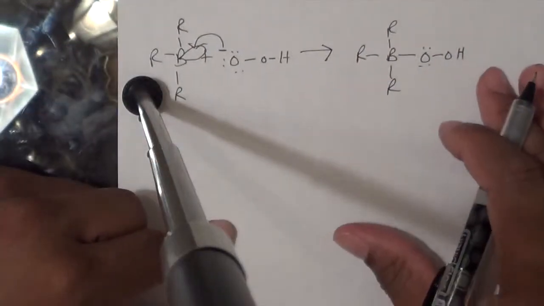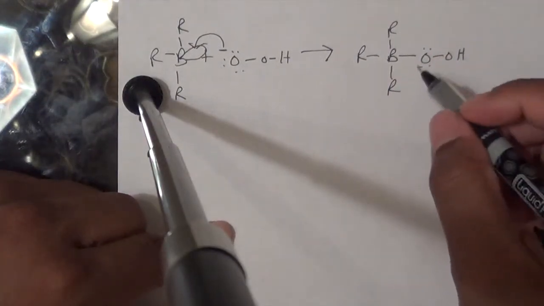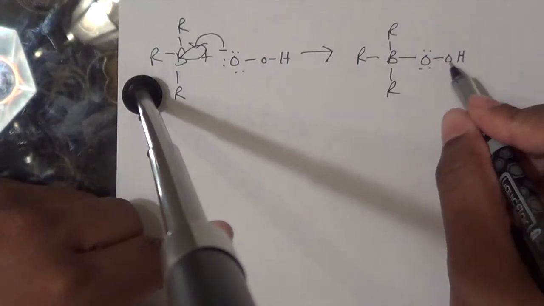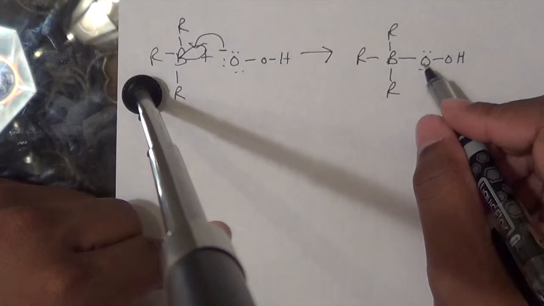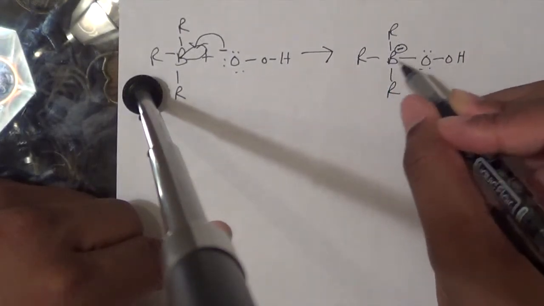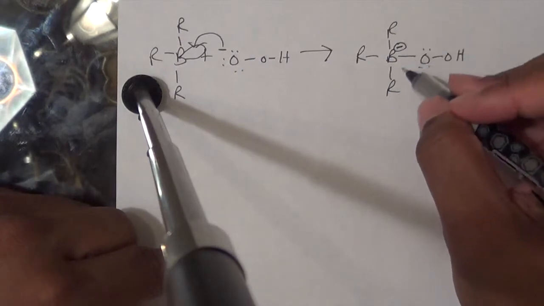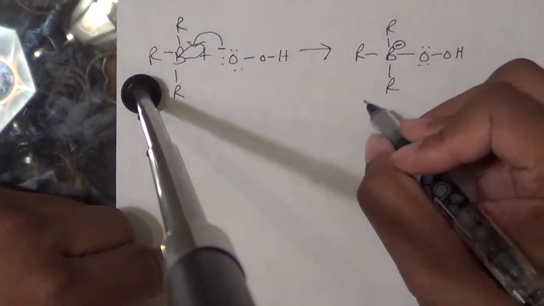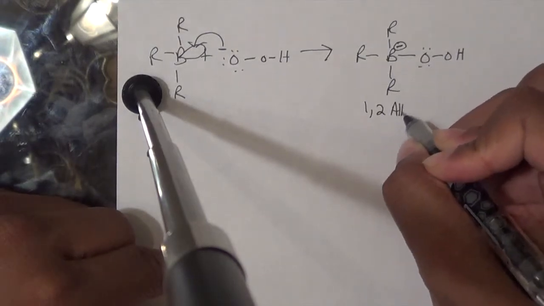So now we have this here. We know that this bond is very, very weak. And also this has a negative charge on it because it has 4 bonds, which is not too bad. It's okay with having 4. But we do a 1, 2 alkyl shift.